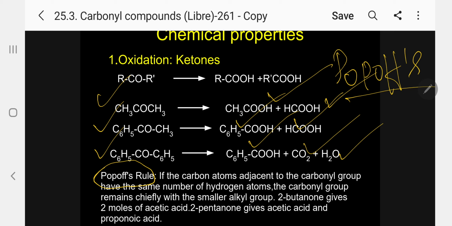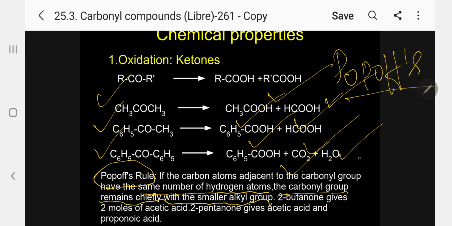If you go for an unsymmetrical ketone like 2-butanone, the CO is at the second carbon atom, so on both sides there are 2 and 1 carbon atoms. According to Popoff's rule, if the carbon atoms adjacent to the carbonyl group have the same number of hydrogen atoms, the carbonyl group remains chiefly with the smaller alkyl group.